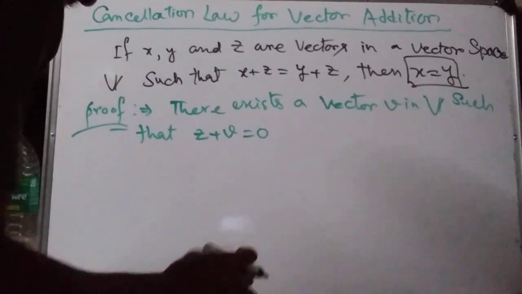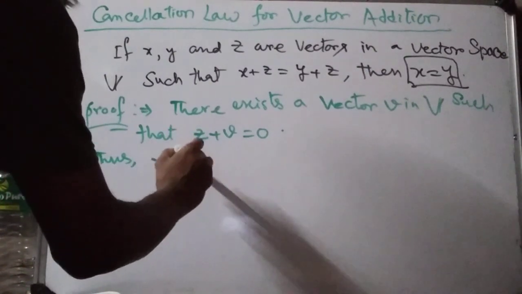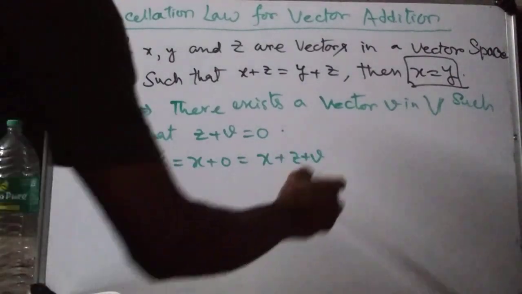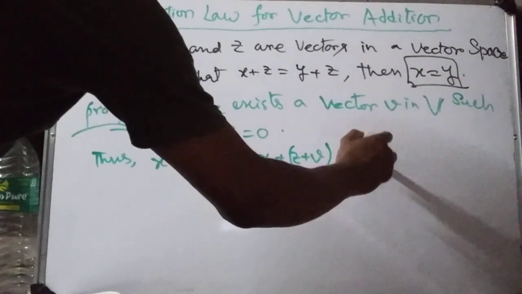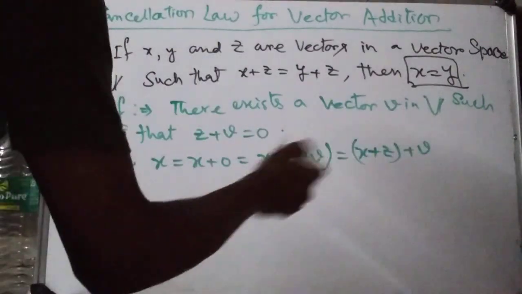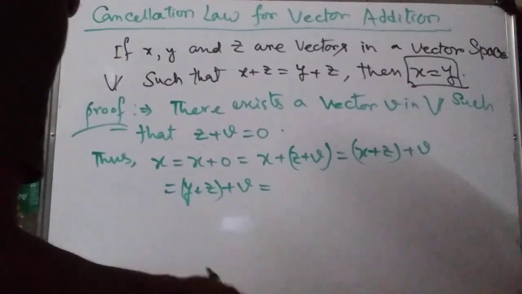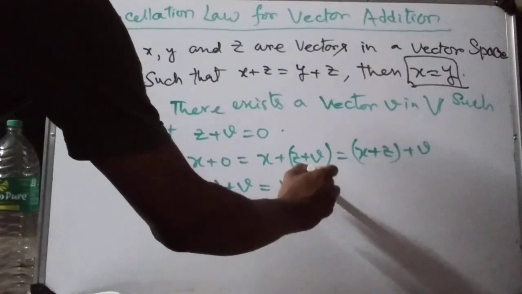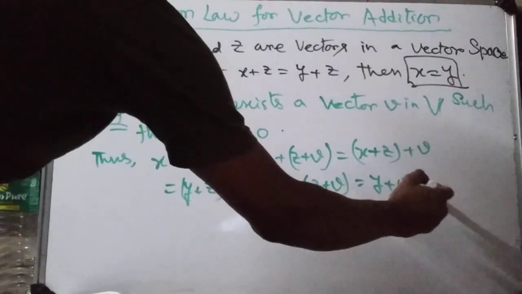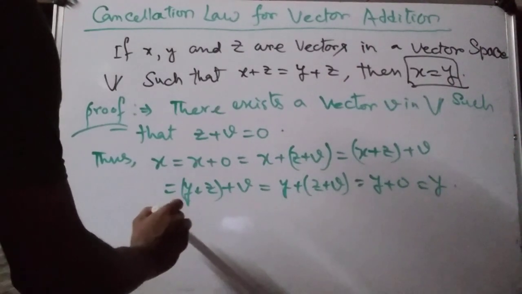Thus, in this way we write: x equals x plus 0, equals x plus (z plus v), equals (x plus z) plus v, equals (y plus z) plus v, equals y plus (z plus v), equals y plus 0, equals y. So x equals y.